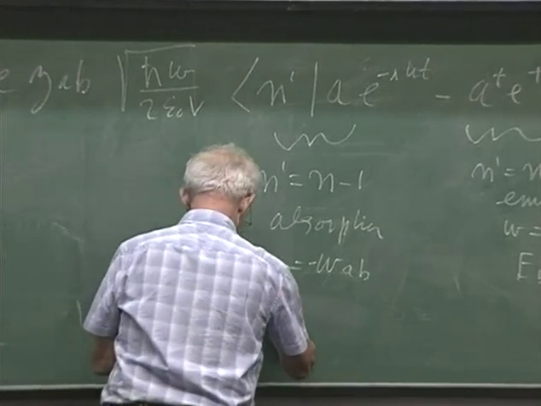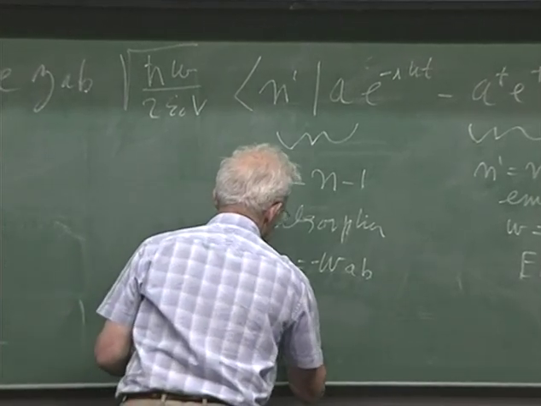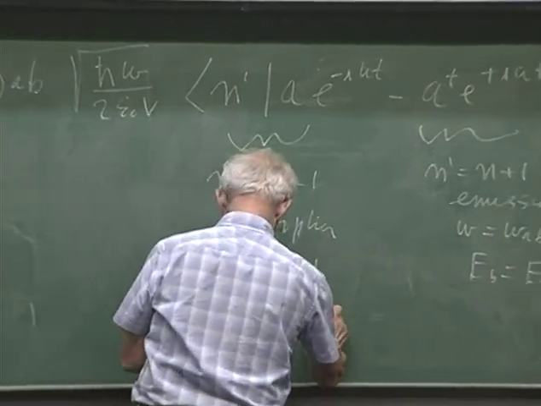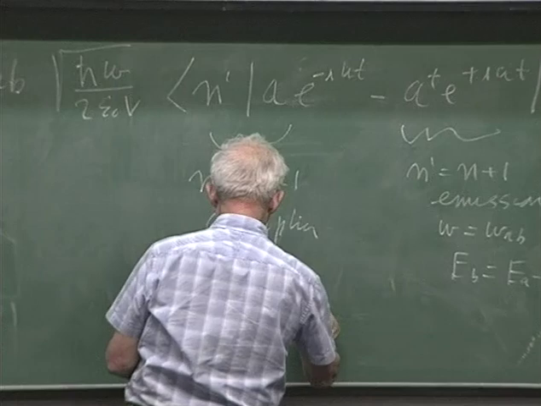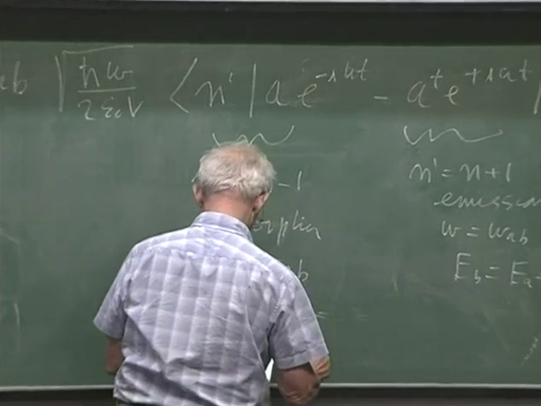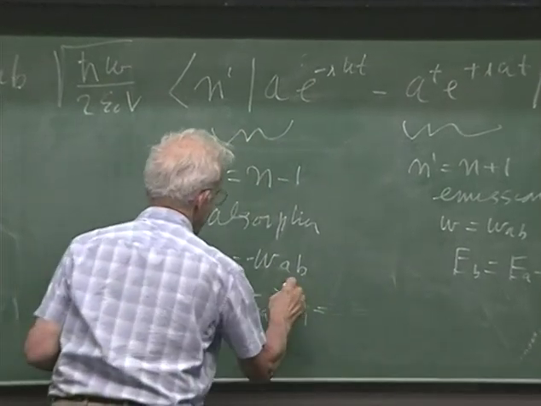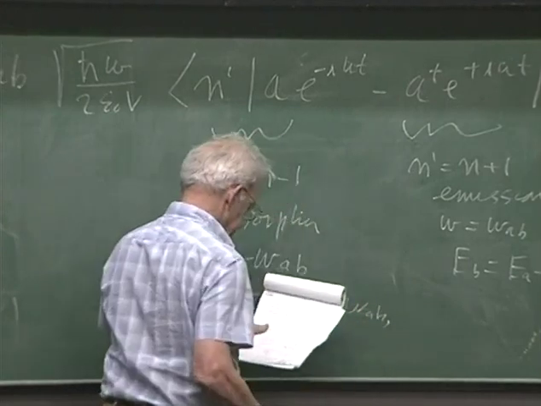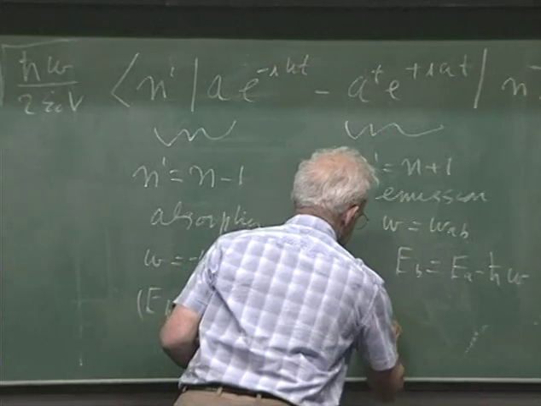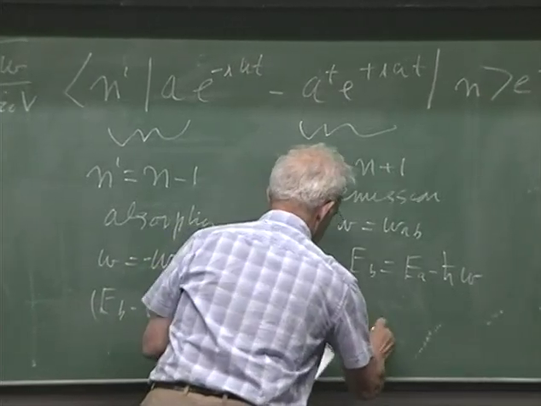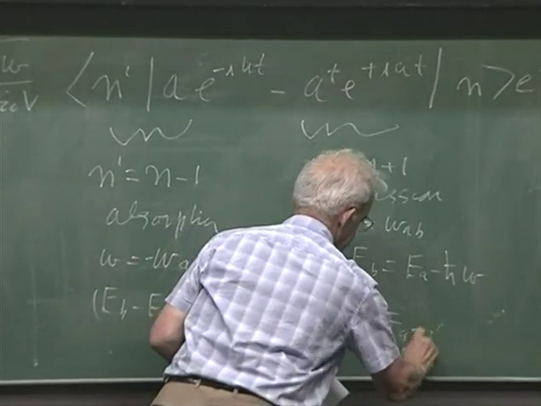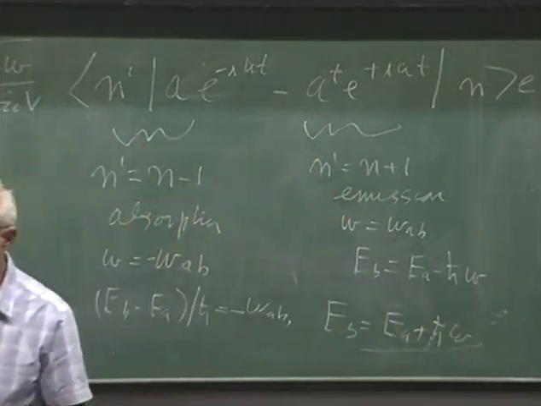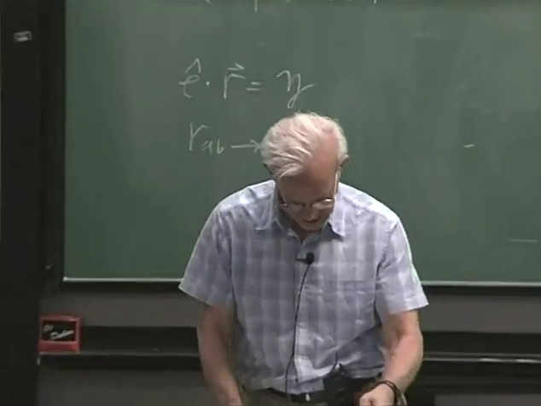And then this, E_B minus E_A over h bar is equal to minus omega_AB. And this says that E_B is equal to E_A plus h bar omega. Yeah. So energy is conserved as we would like it to be.